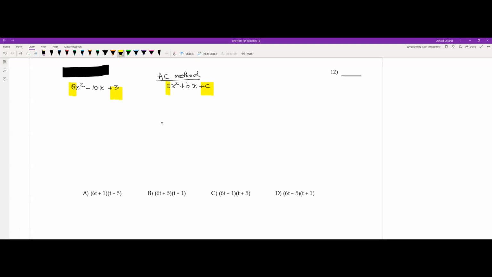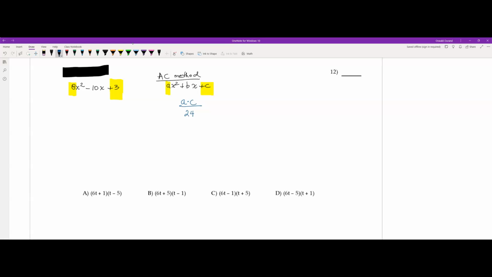All you have to do is to first multiply a times c. In this case, a times c is 8 times 3, which is 24. Okay?